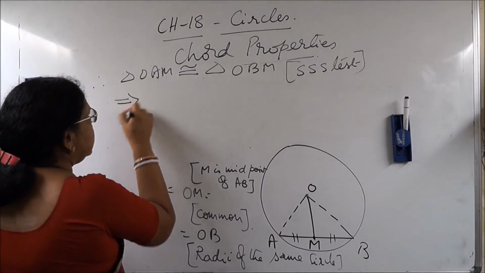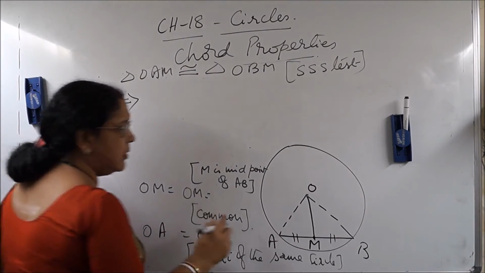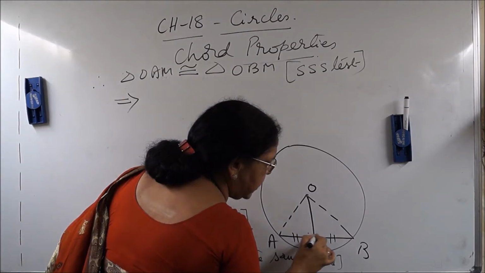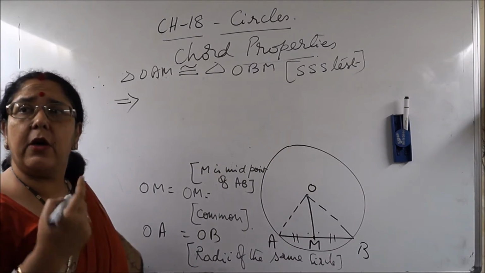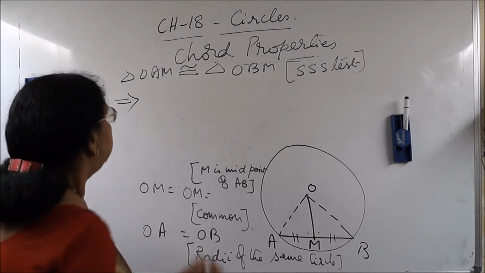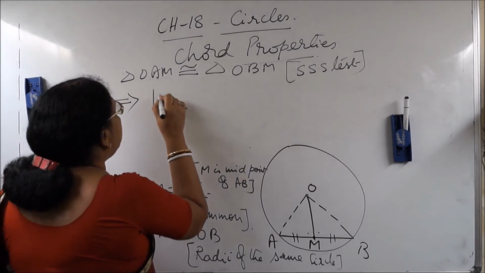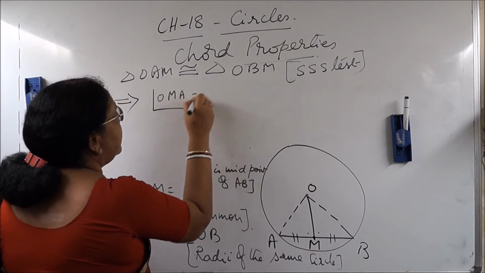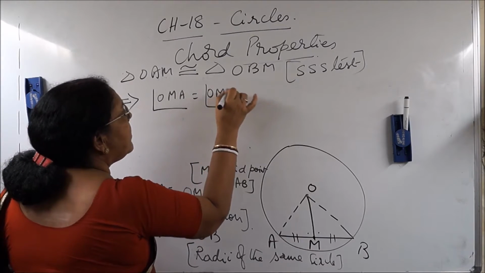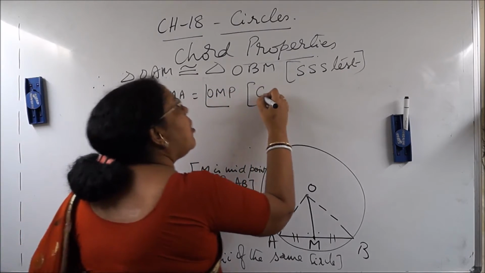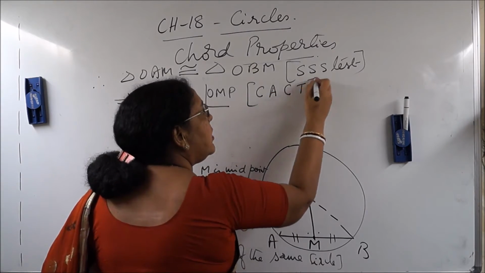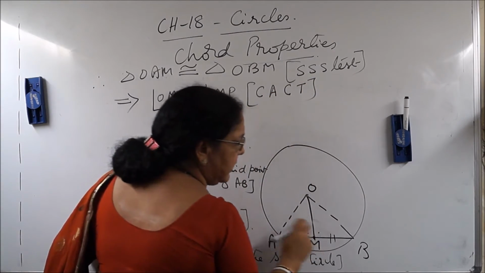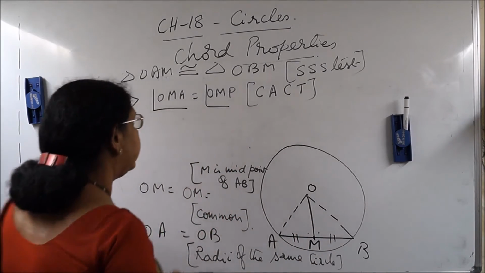This implies that once they are congruent, these two angles are also equal. Why? They are corresponding angles of congruent triangles. So angle OMA is equal to angle OMB, corresponding angles of congruent triangles.